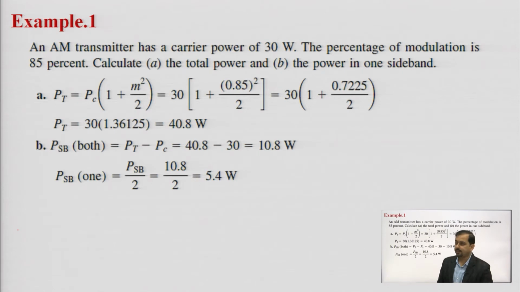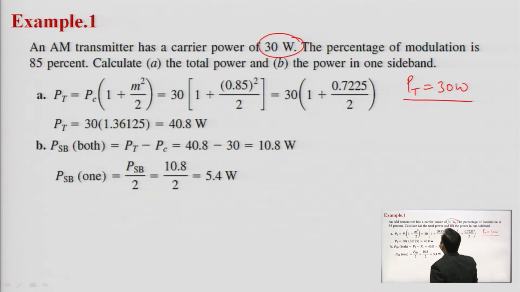The first numerical says that the AM transmitter has a carrier power of 30 watts, that is, it is given that PC equals 30 watts. The percentage modulation is 85%, meaning mu equals 0.85.